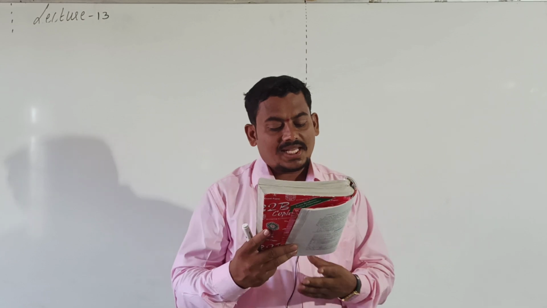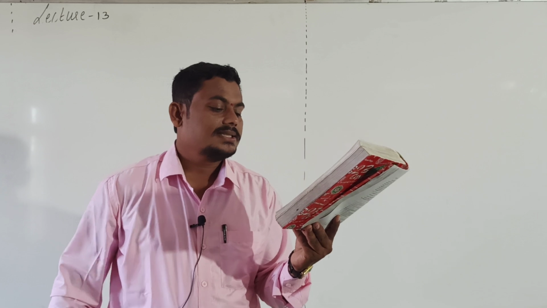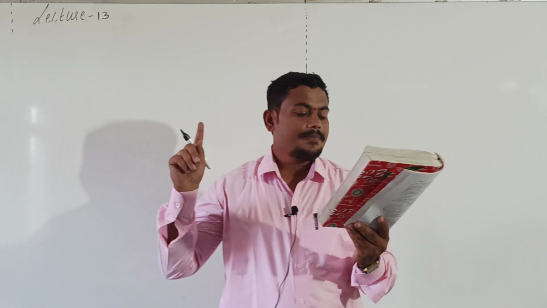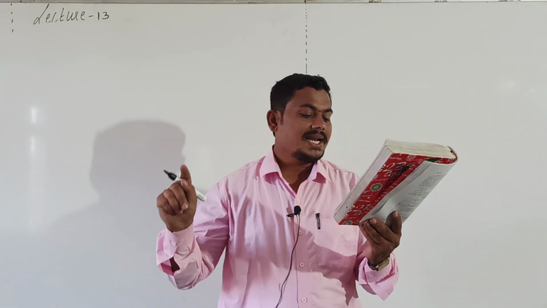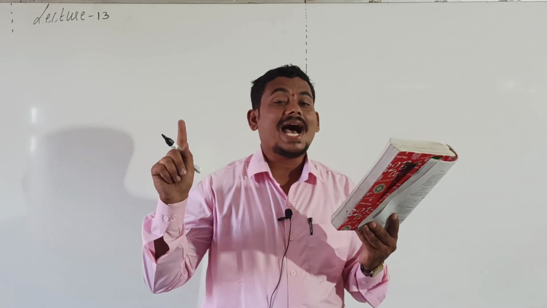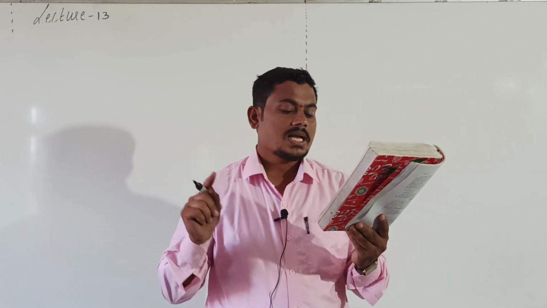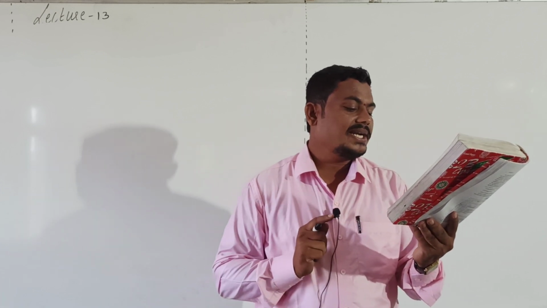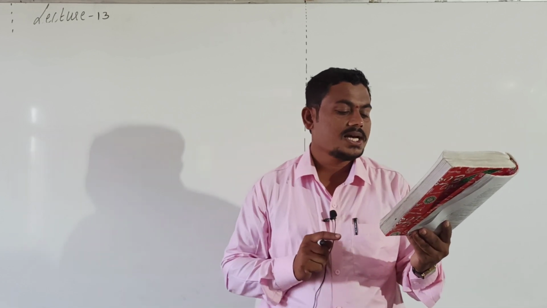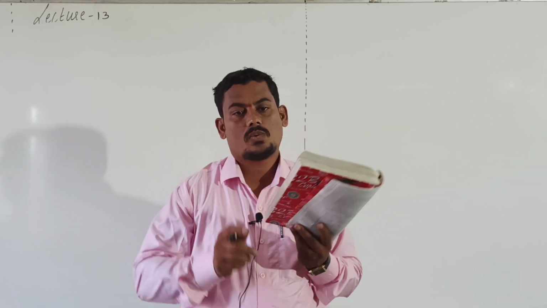If capital X and capital Y are two sets such that X union Y has 50 elements, X has 28 elements and Y has 32 elements, how many elements does X intersection Y have?